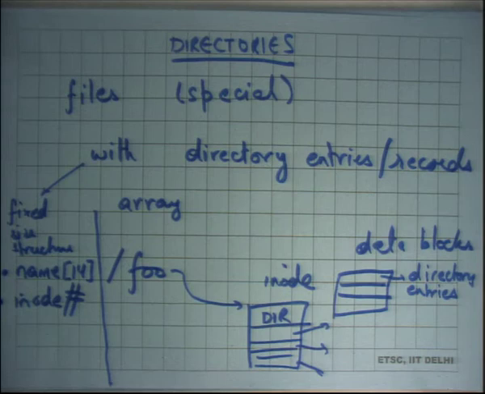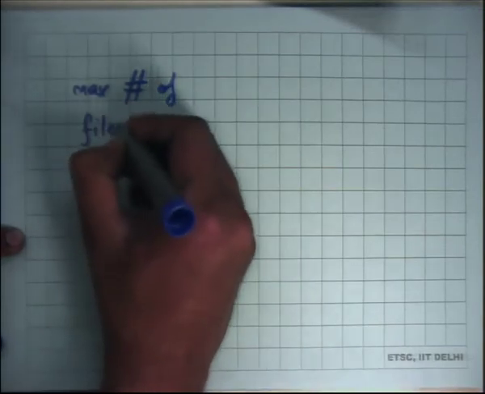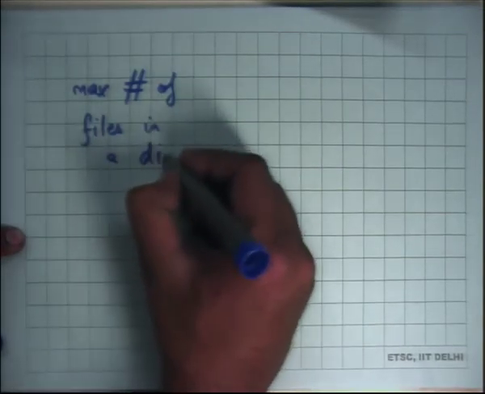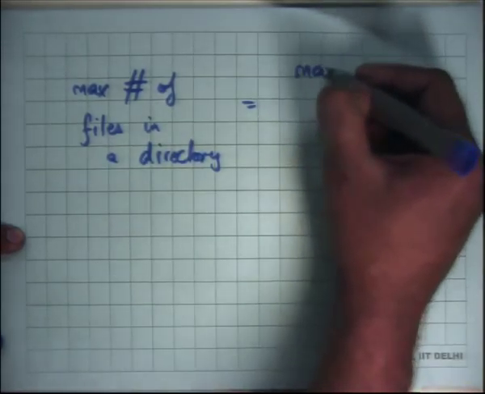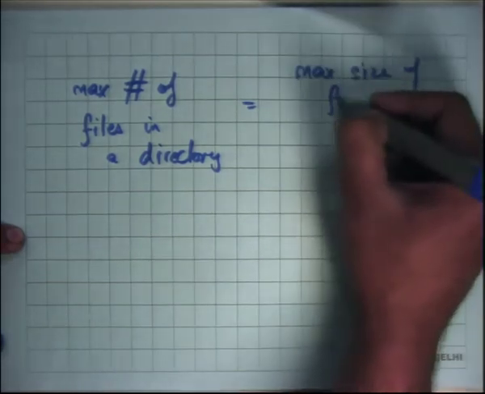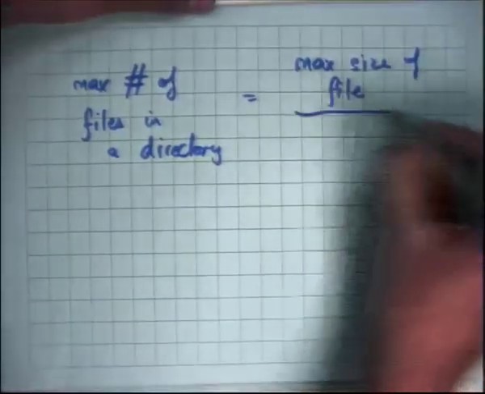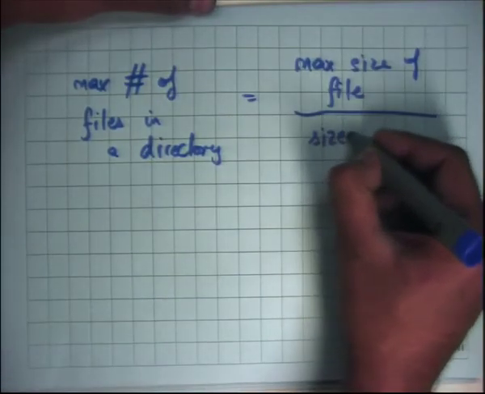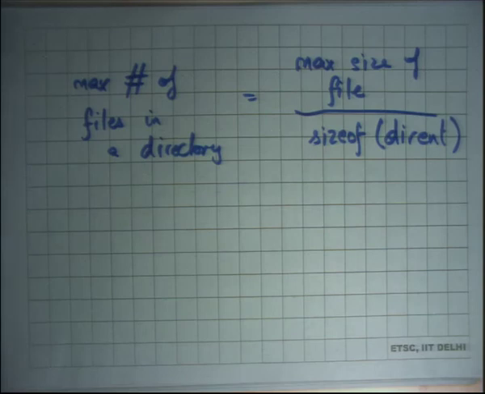The maximum number of files I can have in a directory is basically the max size of a file, which we computed earlier, let's say 64 kilobytes on XV6, divided by the size of a directory entry, let me call it dirent.